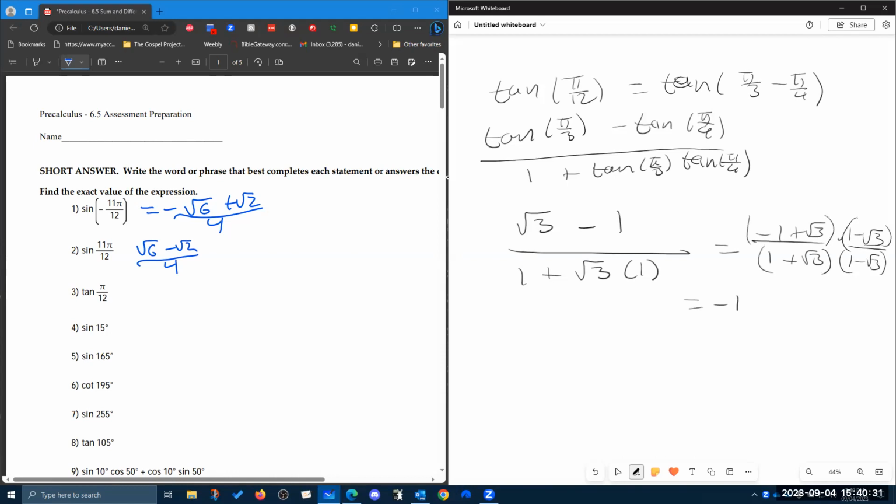Negative 1 plus root 3 is plus 2 root 3 minus 3, over 1 minus root 3 plus root 3 is 0 minus 3. It's going to be a negative 4 plus 2 root 3 over negative 2, which is 2 minus root 3.